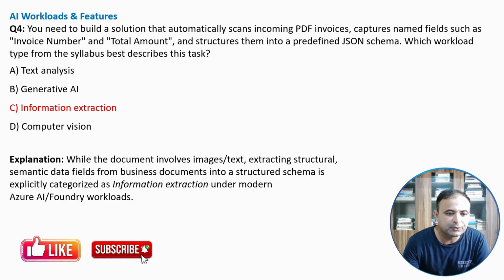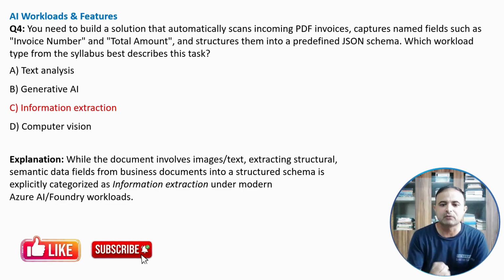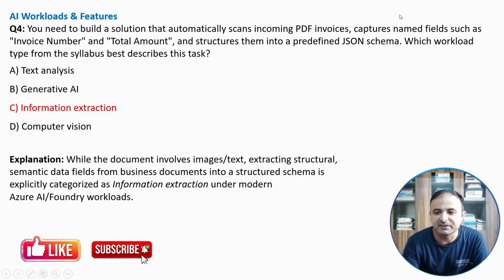So now you need to build a solution that automatically scans information from PDF invoices. We just want to scan the PDF invoice, capture named fields such as invoice number and total amount, and structure them into a predefined JSON schema. Which workload type from the syllabus best describes this task? That is information extraction.